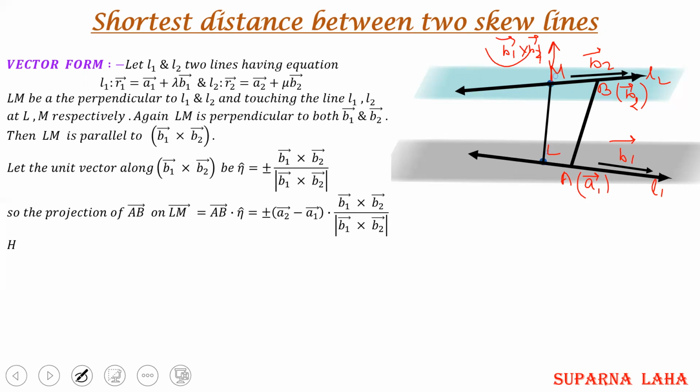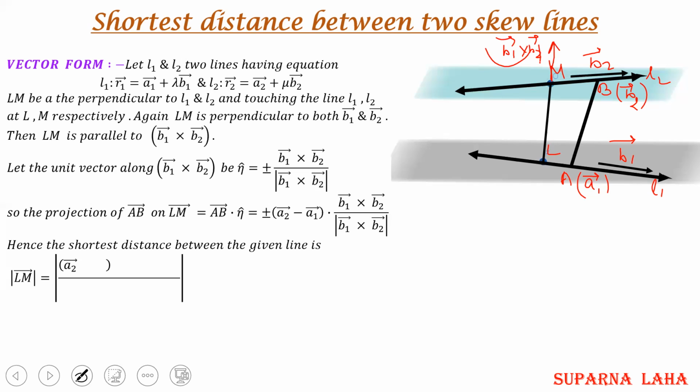So apply this theory and find the shortest distance between these two lines L1 and L2, which is given by vector A2 minus vector A1 dot the cross product of vector B1 and vector B2, divided by the mod value of their cross product. And since it's a distance, we take the mod value since it is a positive quantity. Okay, so this is the formula for the distance between two skew lines.